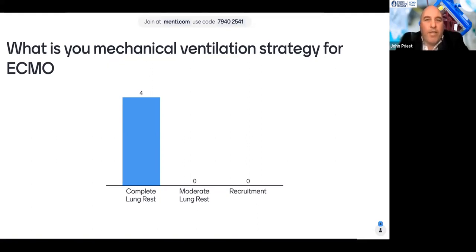It's less bypass, or actually no bypass, because you still have to shunt all that blood to the lung. So in order to maintain an appropriate PaO2, you need to have some type of lung recruitment.